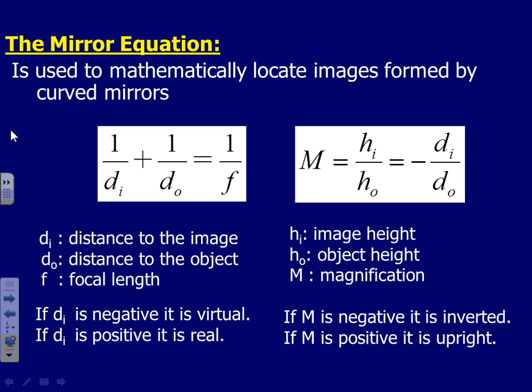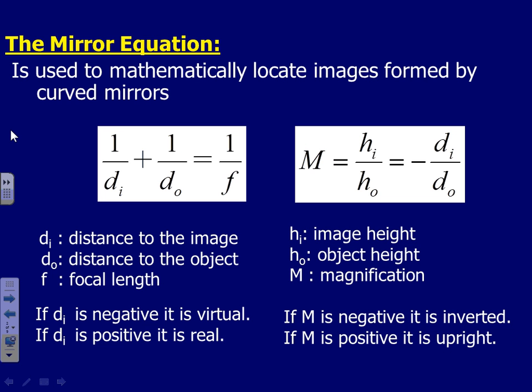This capital M stands for magnification. We haven't talked about that, but again, that's related to size. How many times bigger is it? So then I have HI. I say high, and that stands for the height of the image.